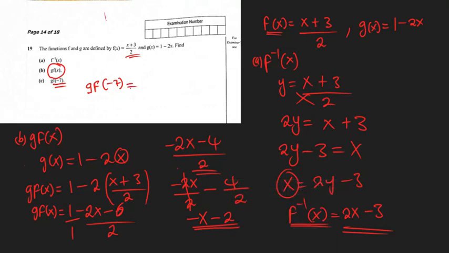Just get your negative x minus 2. Then of course it will be minus, what are you putting there? Negative 7. And then you get positive 7 minus 2, and then you get 5. Clear? Okay. That's how you solve these questions.